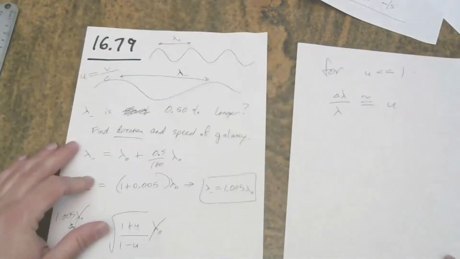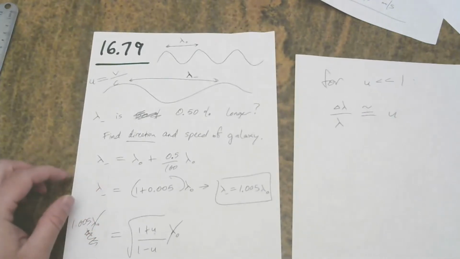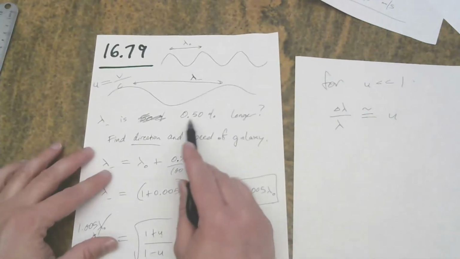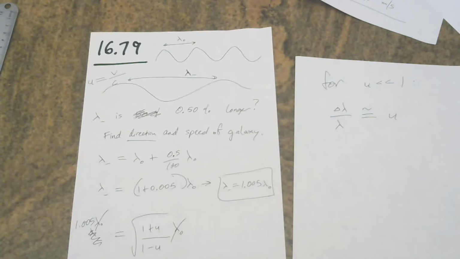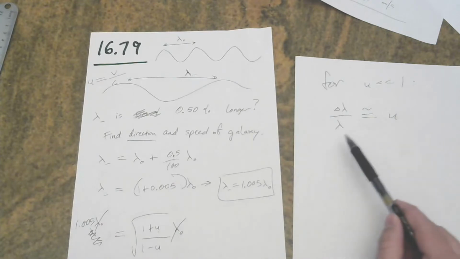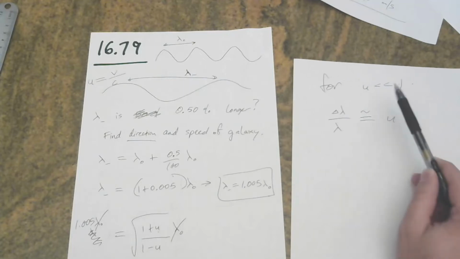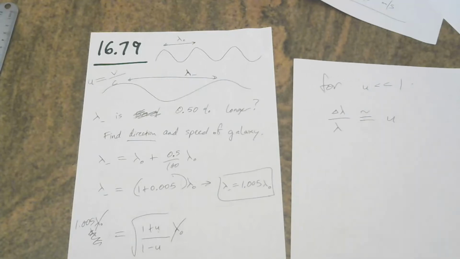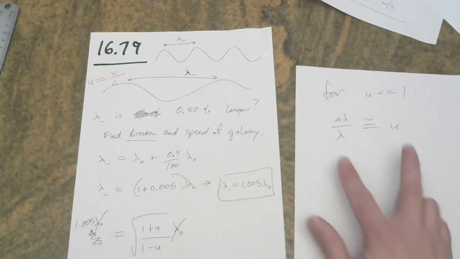So let's revisit this problem now and recognize that, okay, this is sort of circular logic here, but we can only use this formula if this is true. Well, supposing it is true, then these two would be roughly the same.